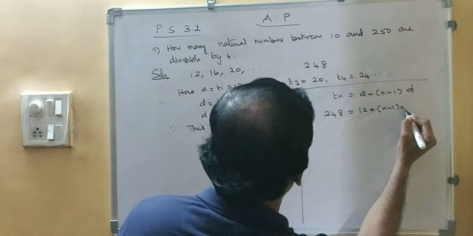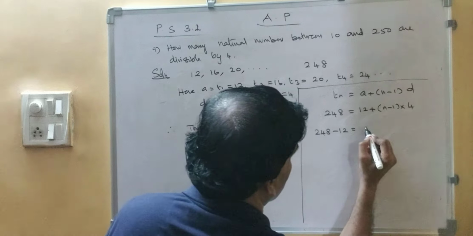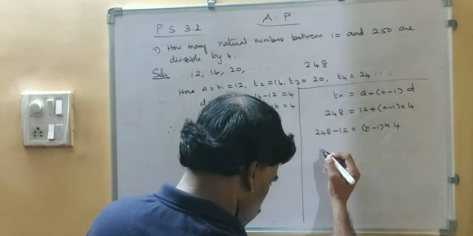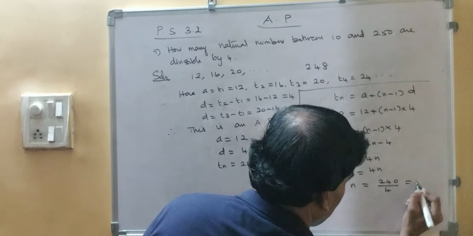So 248 minus 12 equal to n minus 1 into 4. So 236 equal to 4n minus 4. This 4 if you take it here, 236 plus 4 equal to 4n. 240 equal to 4n. Therefore, n equal to 240 upon 4 equal to 60.